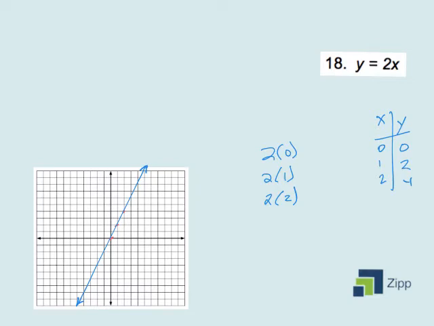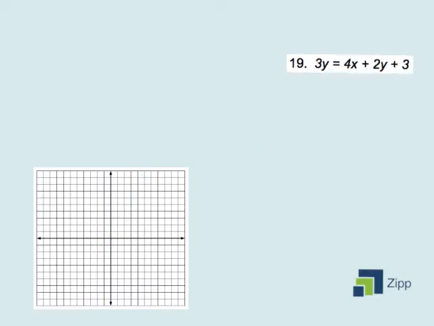Let's look at number 19. Number 19 is going to take some modification. Strategy-wise, I'll move this 3y over there, and I'll move that 3 over there. That'll get me in standard form. So like I said, let's move that 3.